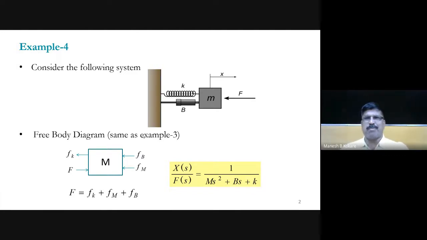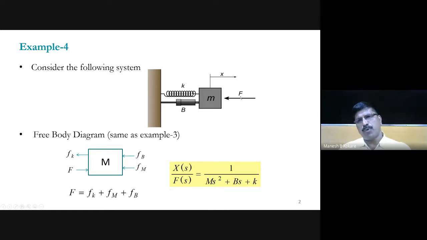So suppose, for example, consider this system. You know that in the translational mechanical system, there are three basic elements. One is the mass element, another is the dashpot, and the third is the spring element. The coefficient of the mass element is M, the coefficient of the dashpot element is B, and K is the coefficient of the spring element, right?